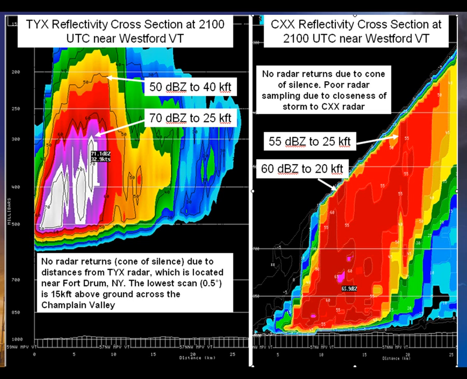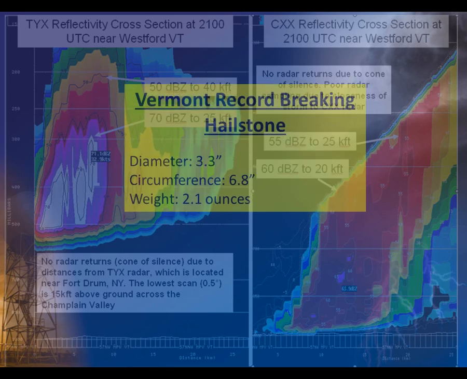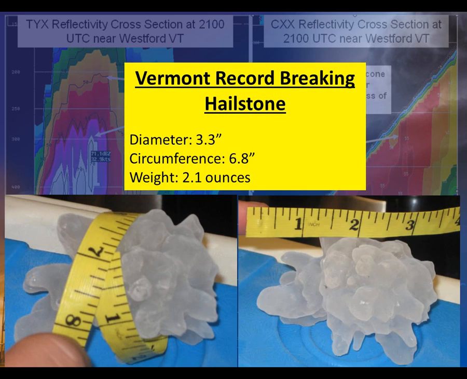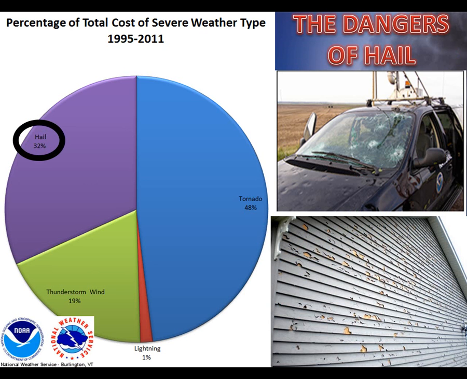On the right, CXX radar, located in Colchester, Vermont, shows 50 dBZ up to 40,000 feet, suggesting very strong updrafts associated with this supercell thunderstorm. This record-breaking hailstone measured 3.3 inches in diameter, had a circumference of 6.8 inches, and weighed 2.1 ounces.